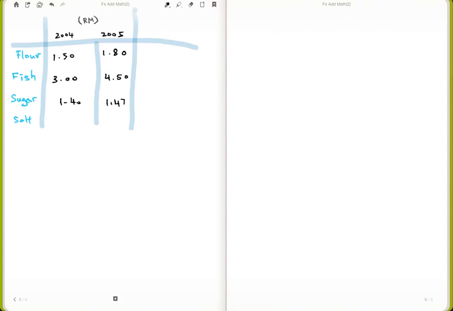147. Salt is K. This is 0.9, so it's unknown here already. And this is price index again. Price index in the year 2005, based on the year, this is given in the question actually, based on 2004.